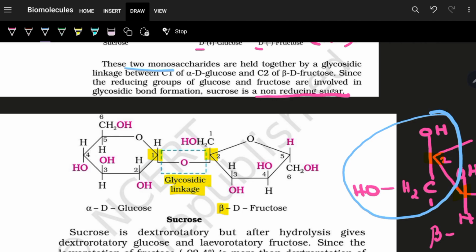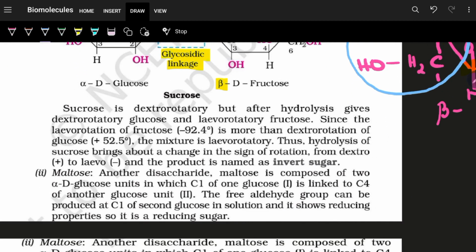The two monosaccharide units are held together by a glycosidic linkage between C1 of alpha-D-glucose and C2 of beta-D-fructose, which are the anomeric carbons. They are the anomeric carbons of glucose and fructose respectively.